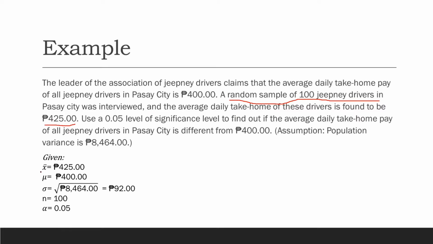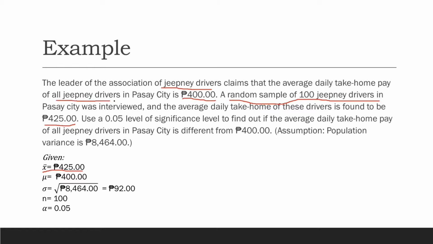So, therefore, the sample mean is 425 dahil galing siya sa random sample natin. Next is the mean, which is 400 dahil ito na yung all jeepney drivers in Pasay City.